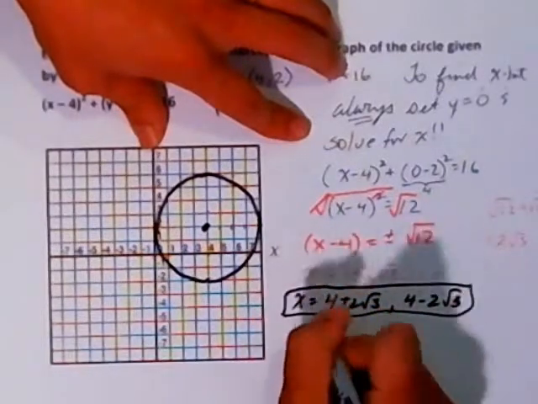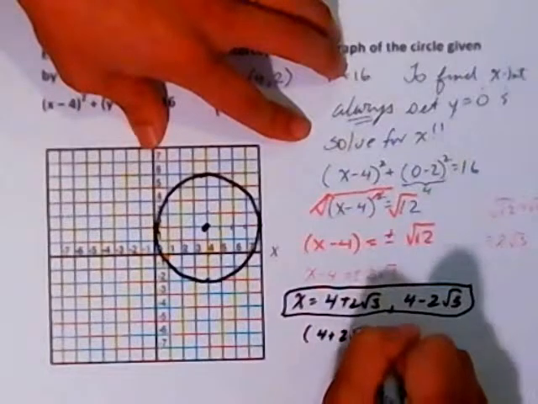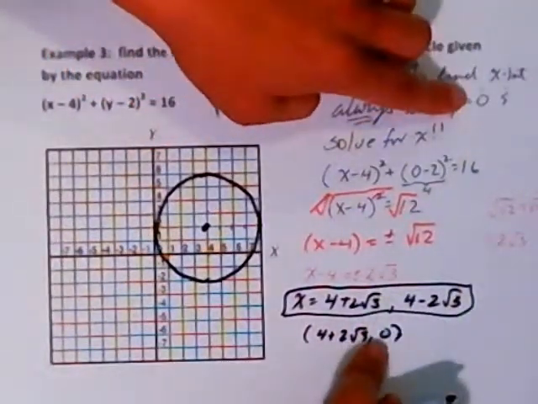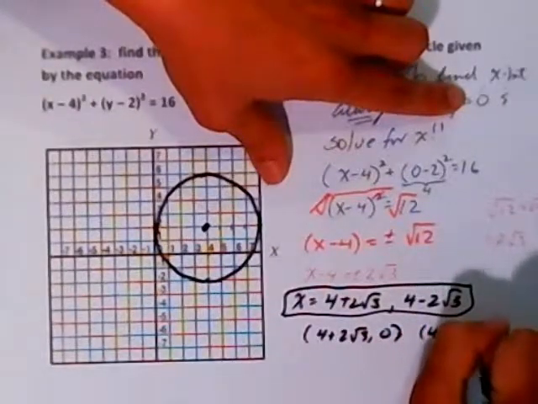If they want it in coordinate form, it's going to be (4 plus 2 radical 3, 0). You notice that we put 0 right there because we set the y value equal to 0. And the other is (4 minus 2 radical 3, 0).